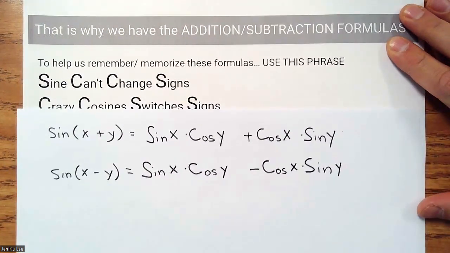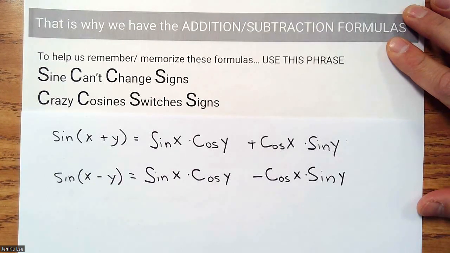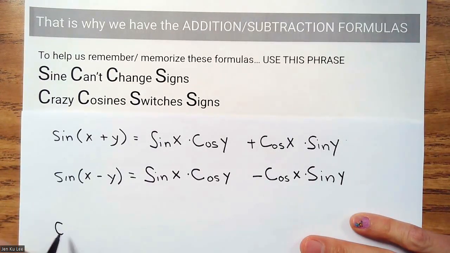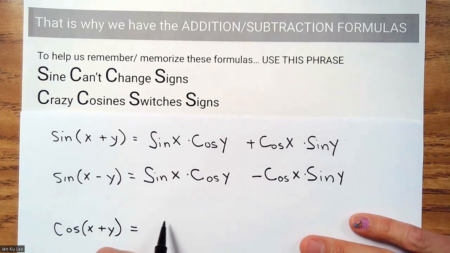Sine can't change signs. And now cosine is crazy and it switches signs, right? Crazy cosine switches signs. So if I want the cosine of two angles that we're adding together, again, the C stands for cosine, S stands for sine.